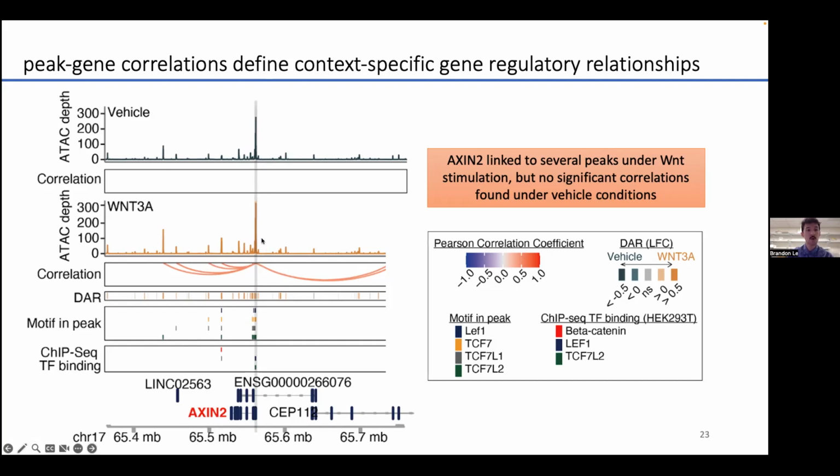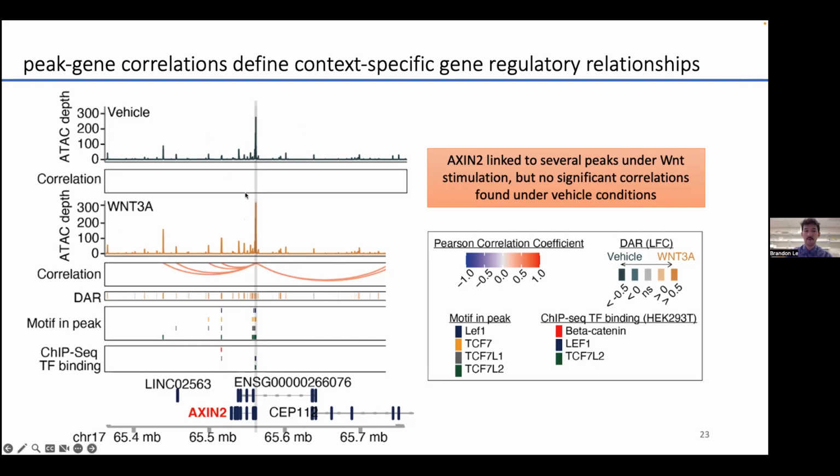These plots are showing you the ATAC-seq sequencing read depth across this locus. By eye, there's maybe only subtle changes in chromatin accessibility that you can pick out with the plots depicted like this. But what's really interesting is we can take the accessibility in this region and correlate it to the expression of AXIN2. And we found that there's only significant correlation of nearby peaks with AXIN2 expression in the context of Wnt3a stimulation.